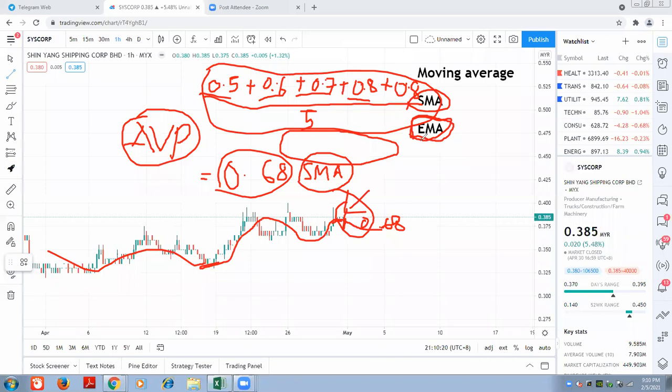Basically the EMA comes from the SMA. The data comes from the SMA. So let's say the SMA is 0.68. It is the base data for the EMA.